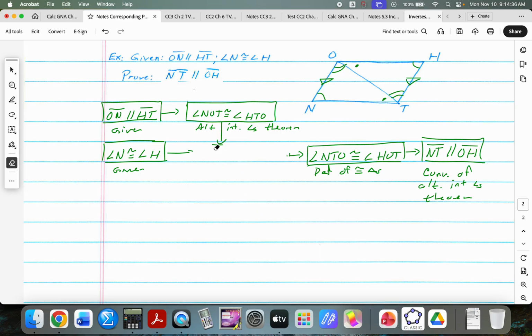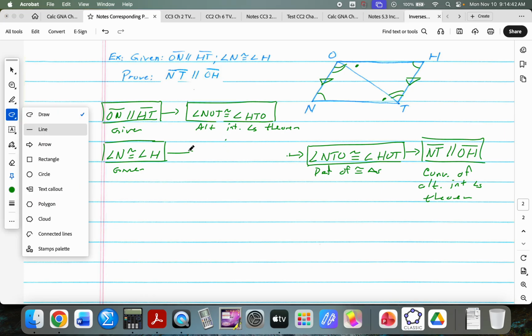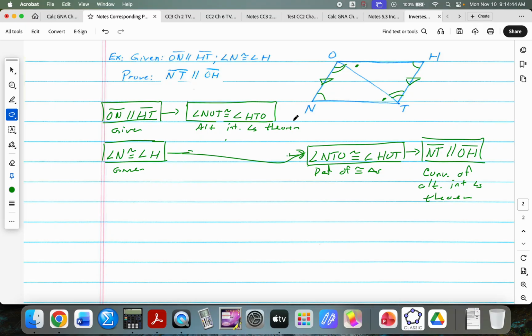I could have gone straight from here to here. Yes? If 2 of the angles are congruent, the third one has to be congruent. Yeah, what is that called? Third angle theorem. Yeah, I could have just done the third angle theorem. Very good. And that would have been shorter.